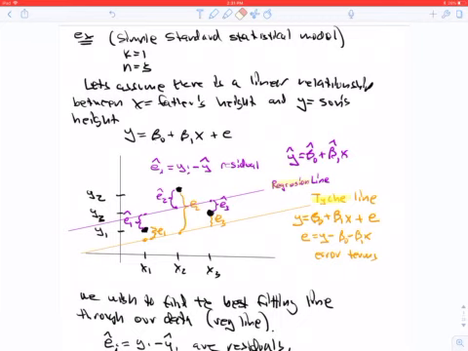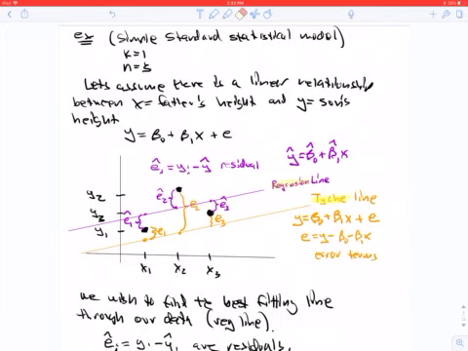So I've plotted here our 3 points, our 3 pairs, x1, y1, x2, y2, x3, y3. And so we have 2 lines. There's a true line and a regression line. So the true line is actually not known, because we don't know what beta 0 and beta 1 are.